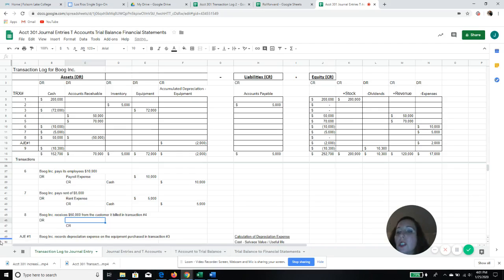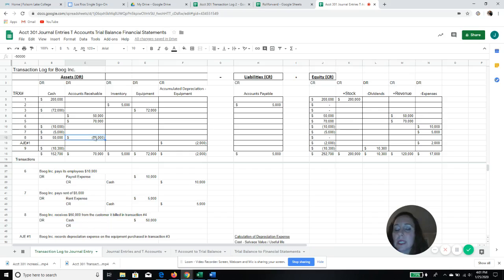Okay. So we received $50,000 from the customer we billed in transaction number 4. This is transaction number 8. We increased cash for $50,000. So we know that cash is an asset. We increase assets with a debit, so we are going to debit cash for $50,000.